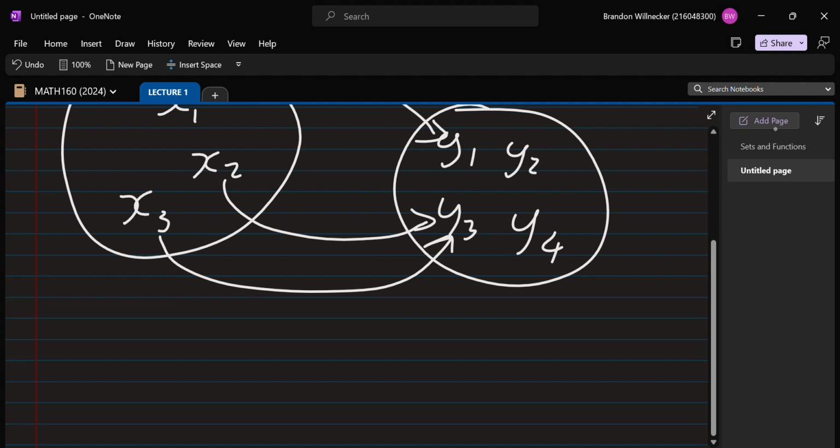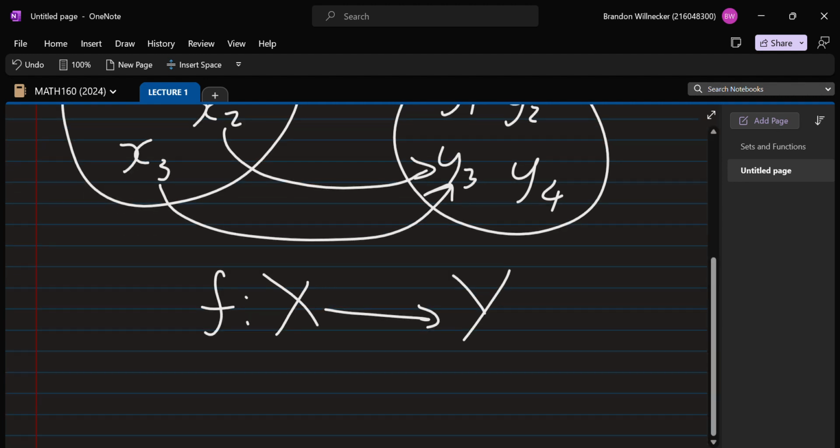We first provide the function name. That's going to be f, then a colon. Then we provide where we are going from. That's the set X. We draw an arrow. We're going from X to Y, just like how we have a map going from Howard College to Westville campus. So from X to Y.